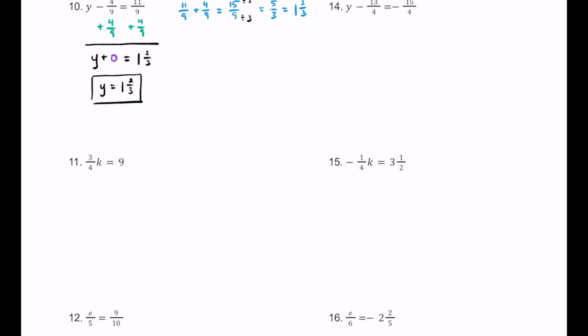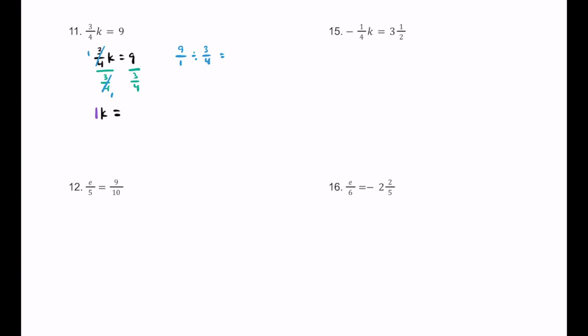For number 11, let's go ahead and check this one out. Just for a little bit more space, I'm going to rewrite this one. 3/4 times k is equal to 9. And so what we're going to do here is, because we see multiplication, we're going to use a division property of equality and divide both sides by 3/4. Now on the left side, 3/4 divided by 3/4 is just going to be 1. So we're going to be left with 1k, or 1 times k. And on the right side, what we have to do is take this 9, which is 9 over 1, and divide it by that 3/4.